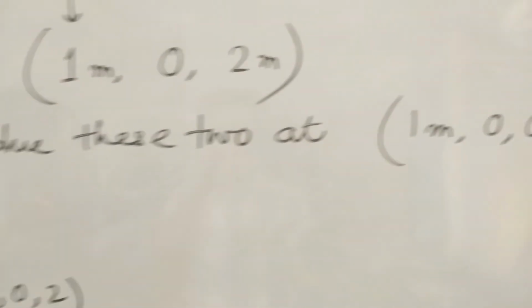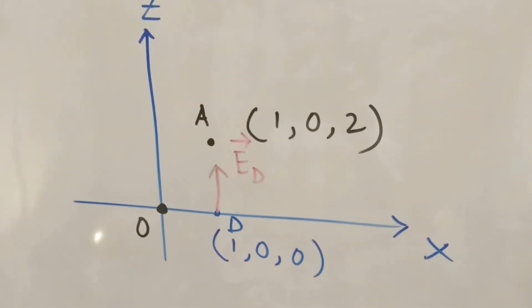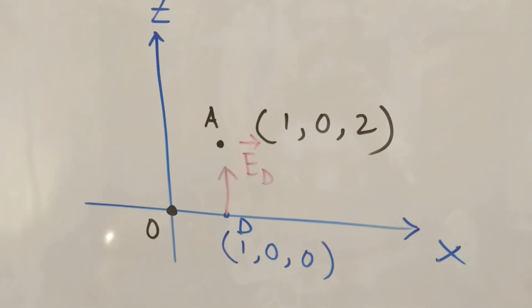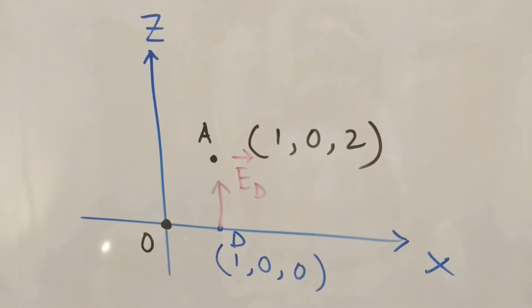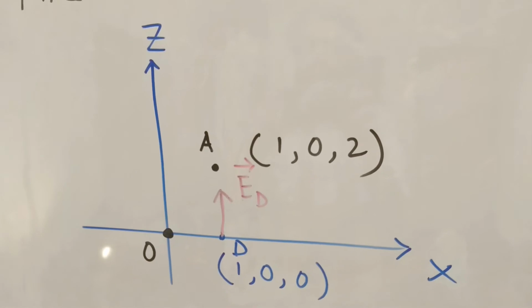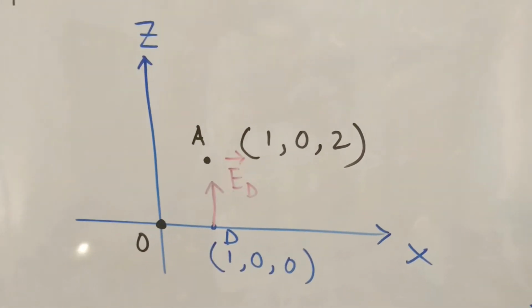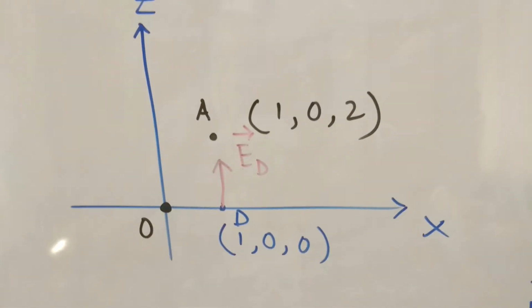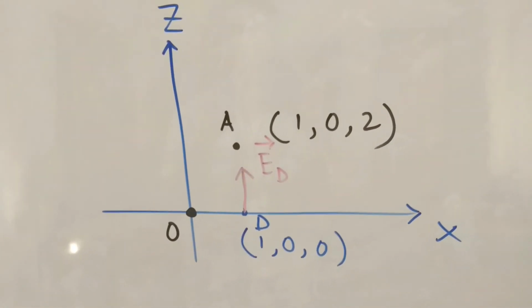So here it is, and we have one dipole at O directed towards the positive z axis, and one dipole at A, and same way. So when we want to find the net field at D, the point (1, 0, 0), it's very interesting.